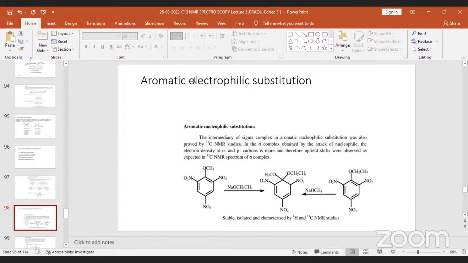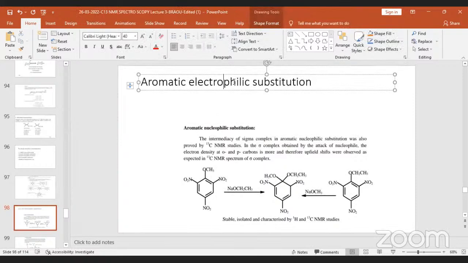This is not nucleophilic. Now, aromatic nucleophilic substitution reaction. Here also the sigma complex is formed, but in a different way.